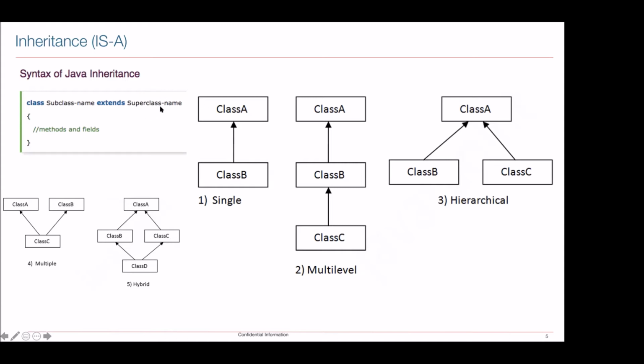The superclass we write after the extends keyword, and the child class we write before. Normally we can write our class like this, if you just omit extends superclass name. And if I want to inherit any class, I just need to add this extends keyword.